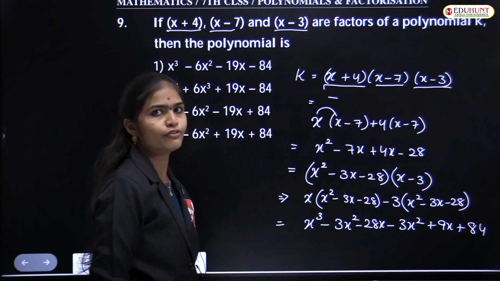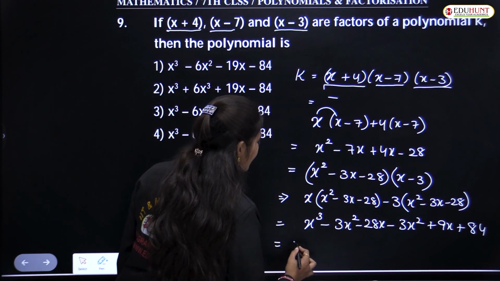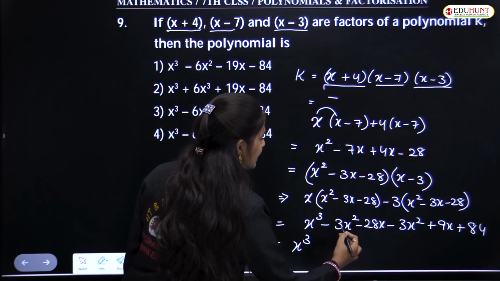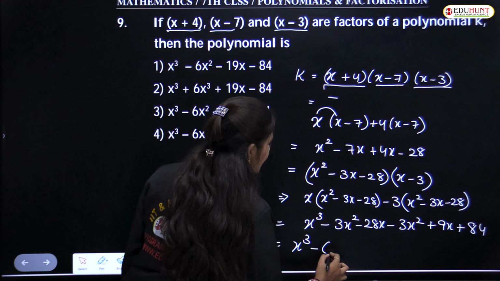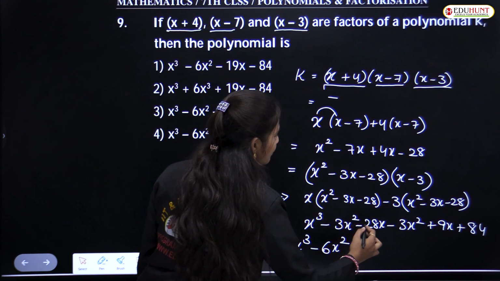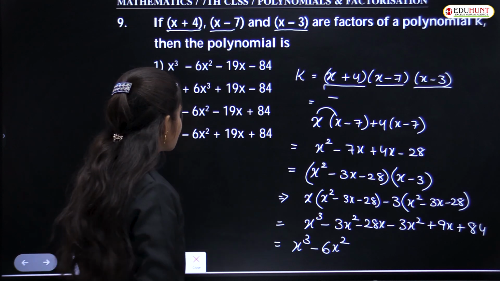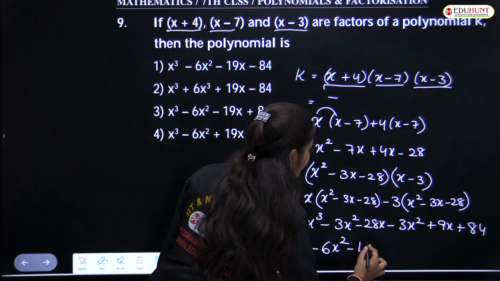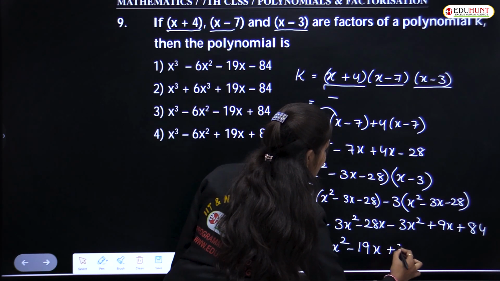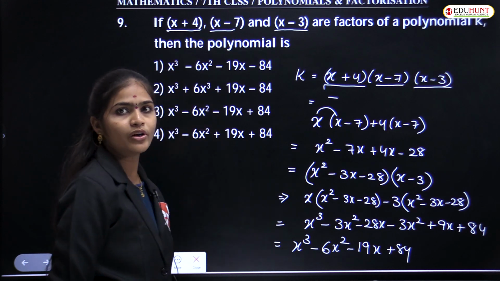So that is 84. Now simplify this. x cube minus 3x square minus 3x square, so minus 6x square, and here minus 28x plus 9x, which is equal to minus 19x. Minus 19x plus 84. So this is the required polynomial.